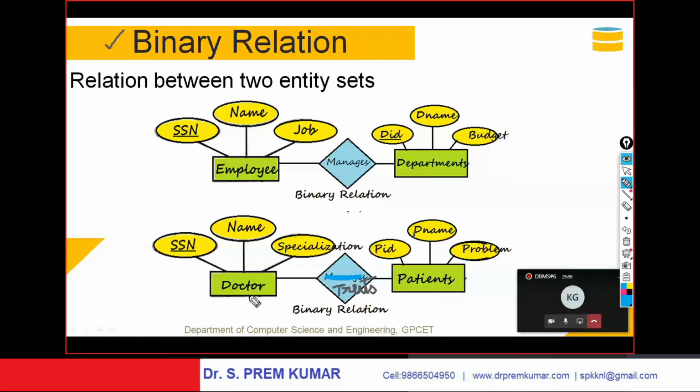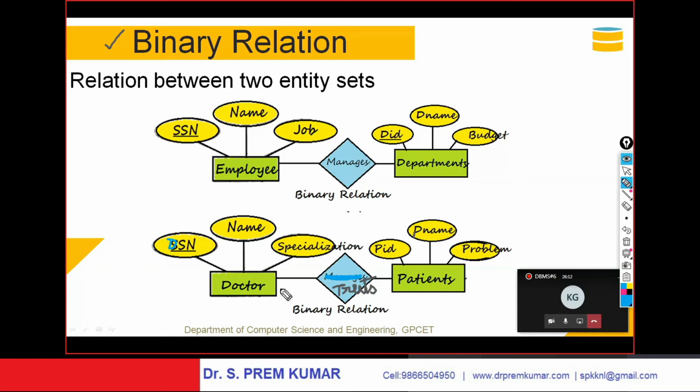Now you take a doctor. This is an entity set. A doctor is recognized by doctor number, doctor name and specialization. And coming to the patients, patients are identified by patient ID, patient name and problem.